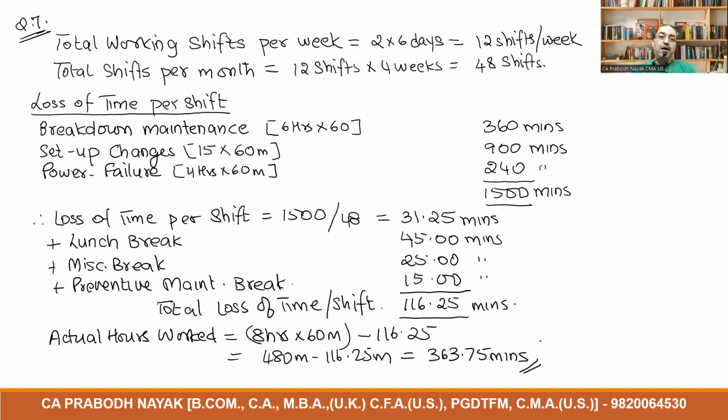Now let us calculate the availability ratio. Actual hours worked upon available hours. Available hours is 480.